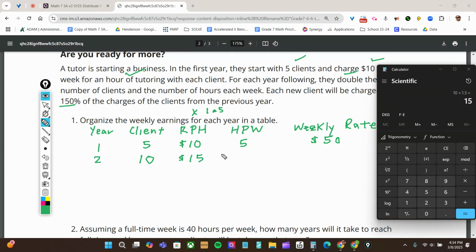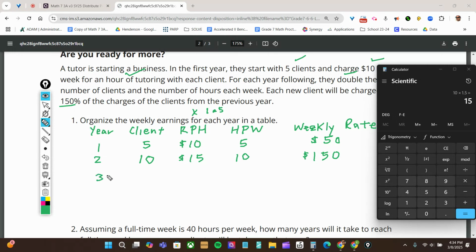Okay. And 15 times 10 clients, and it's an hour each. So that's going to be 10 hours a week. Okay, so these are going to be the same clients and hours per week, but we're doing 10 times 15, so that's going to be $150.